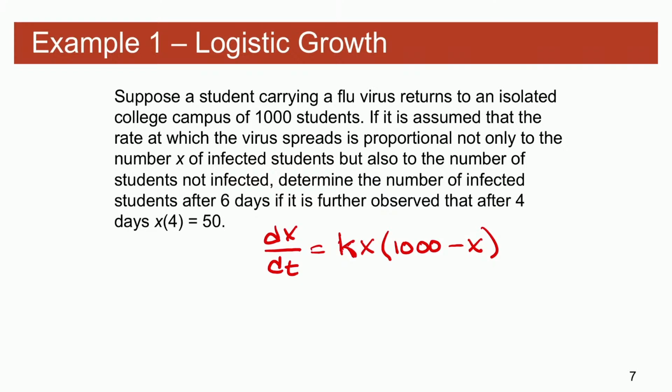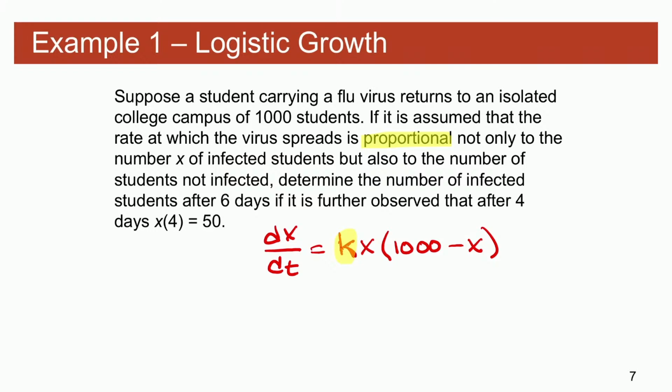So that's what all of the words mean. Let's see if I can highlight all the important stuff here. Anytime you see this word proportional, you should think you're going to multiply by some constant.